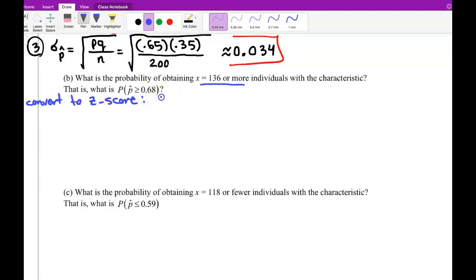So z is equal to, from the previous page, we had that. On top we subtract: the sample proportion minus the population proportion, or mean, divided by the standard deviation.